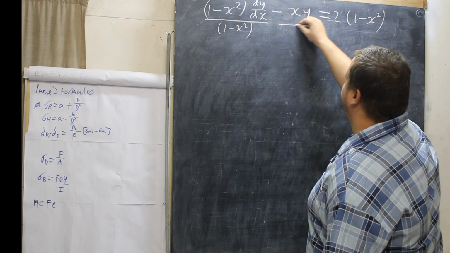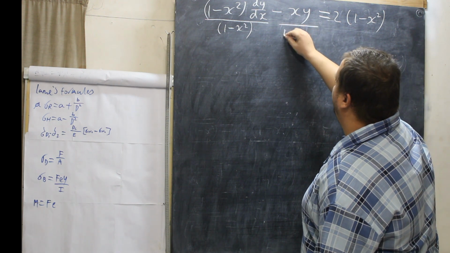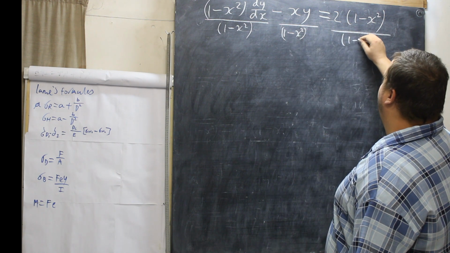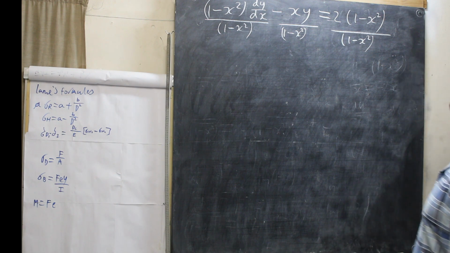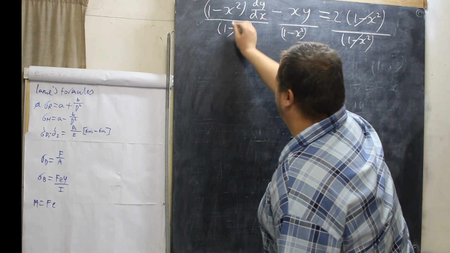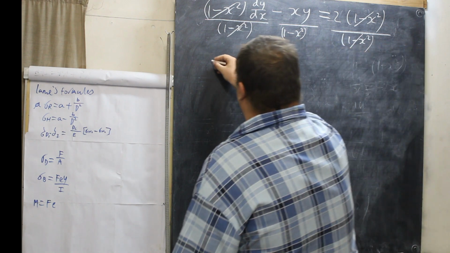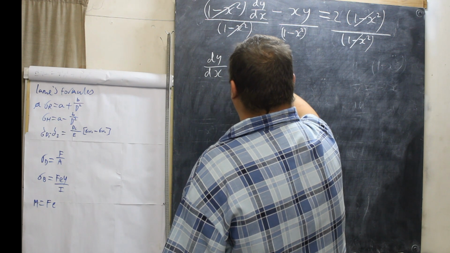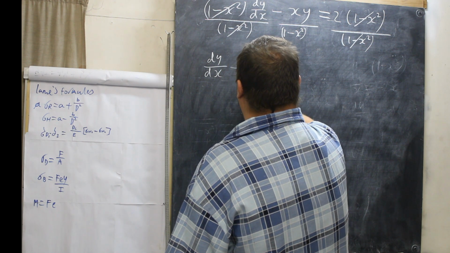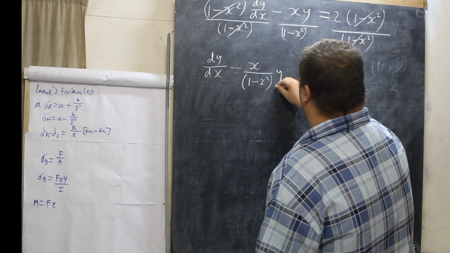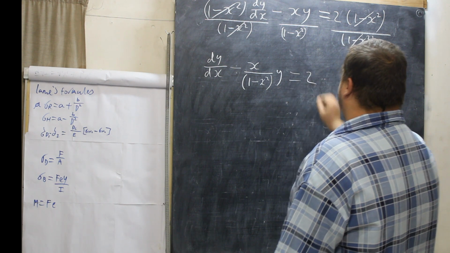Now we're going to do that to everything here. Alright, so that's what our sum will look like now. So, this cancels, that cancels. So now we are left with dy over dx minus x over 1 minus x squared, y equals 2.